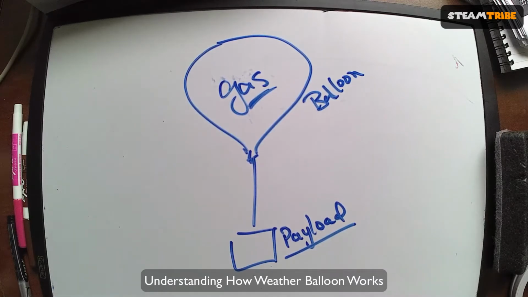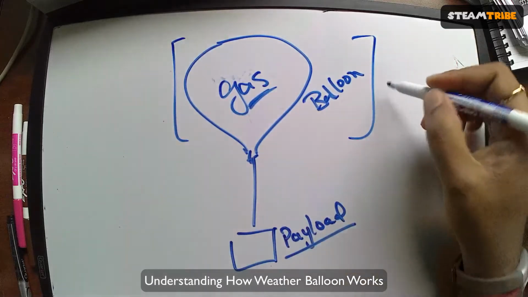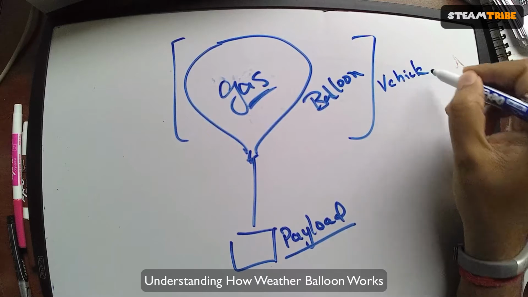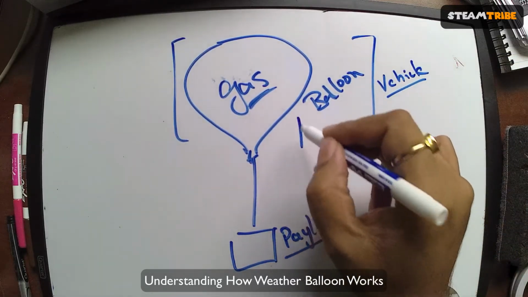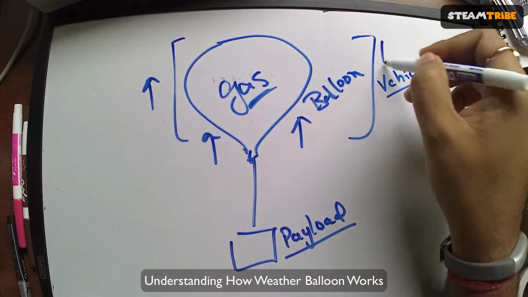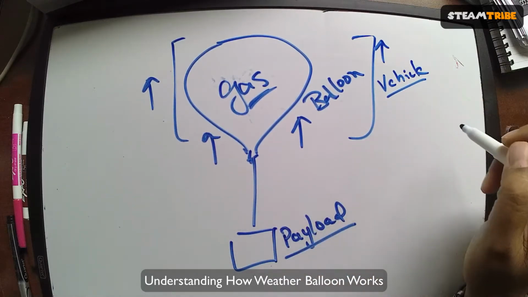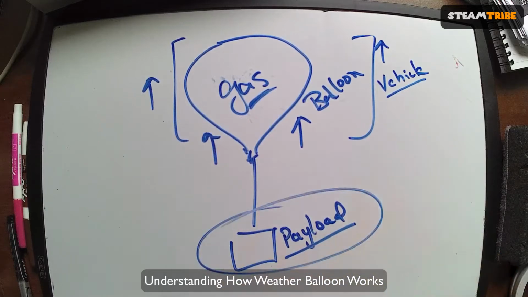If you look at the whole concept, a weather balloon is a vehicle. It is a spacecraft that travels upwards, and it's a vehicle, so it is used to carry something. The something is payload.